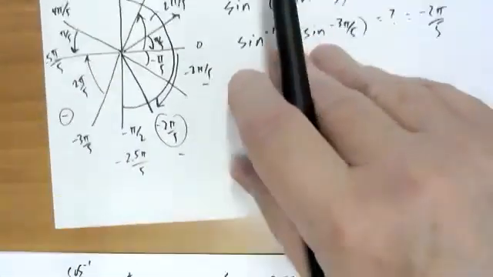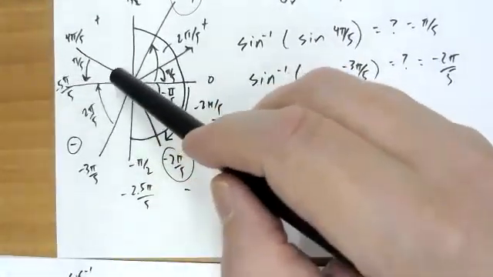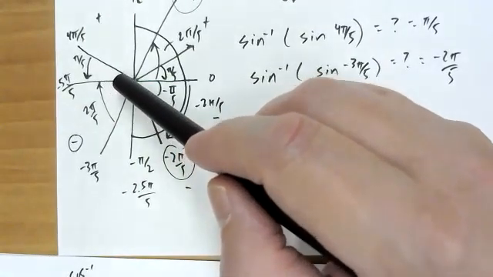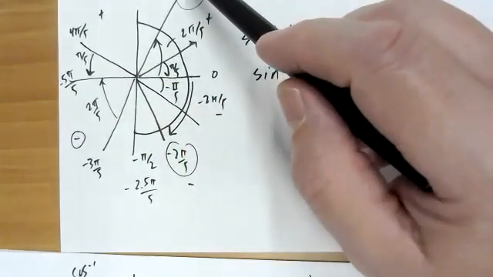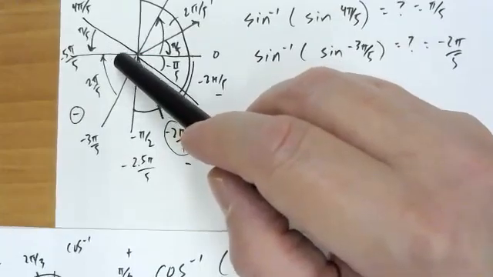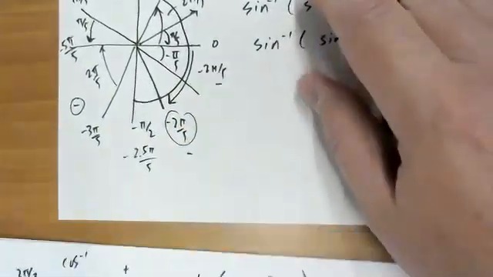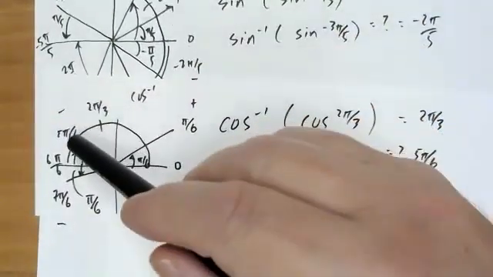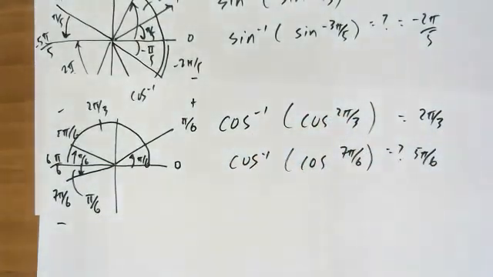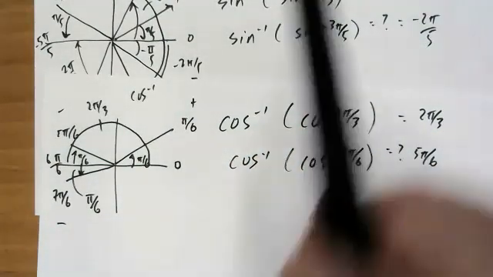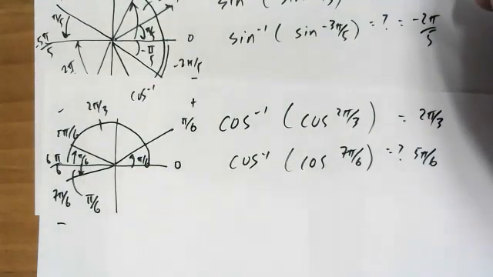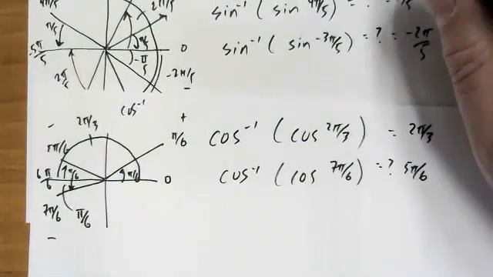But if the angle is outside your allowed regions, then you have to find the reference angles in the allowed regions. And once you find the reference angles in the allowed regions, then you just have to determine whether it's plus or minus. So I'll do a couple of cosines where they're not actually special angles.